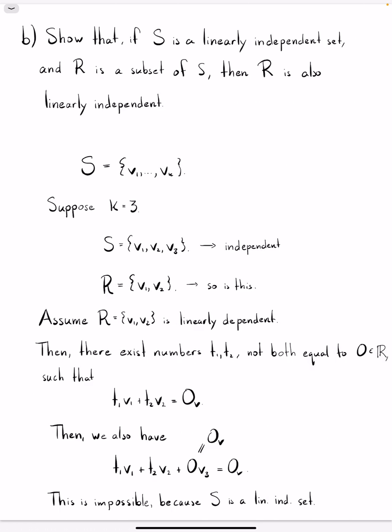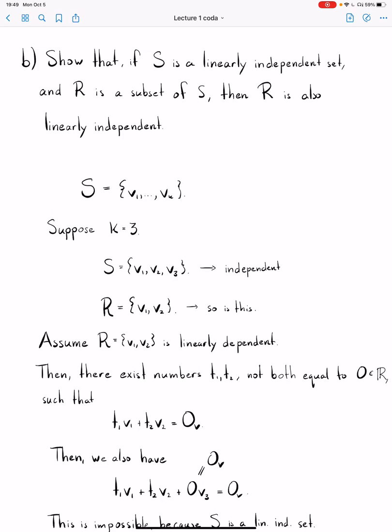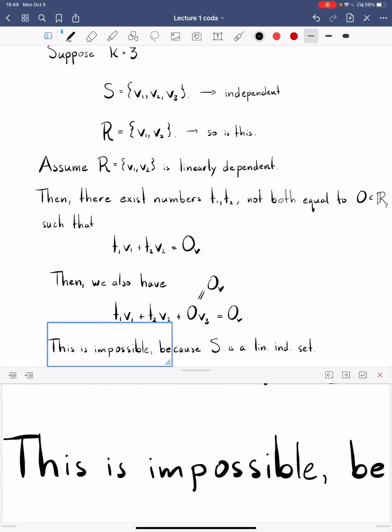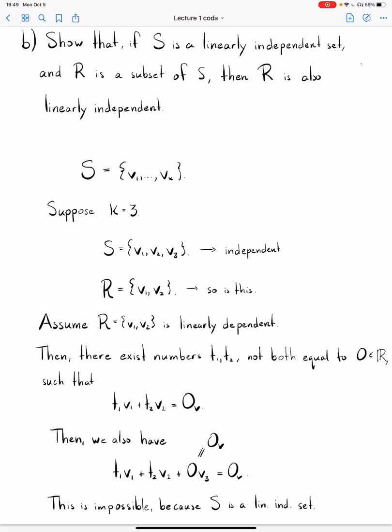For example, here I'm using special numbers like k equals 3 to help my intuition, to help me see what's happening more generally. Of course, you can't do that in a formal proof. You have to show that this is the case for all values of k, not just k equals 3. But once you know how to do it for one value, you probably can figure out how to do it for all values as well.